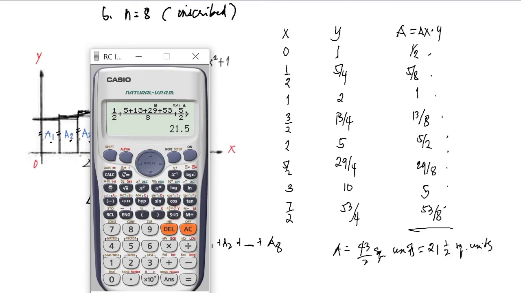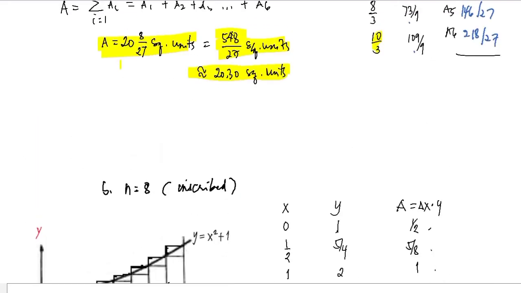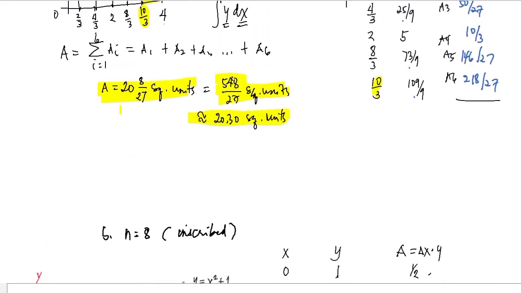And approximately, exactly 21.5. No? Ayan. So, with this, our area is 43 over 2, no? Or that's 21.5. Now, if we are going to compare with our previous solution, ang area natin dito is 20.3, no?